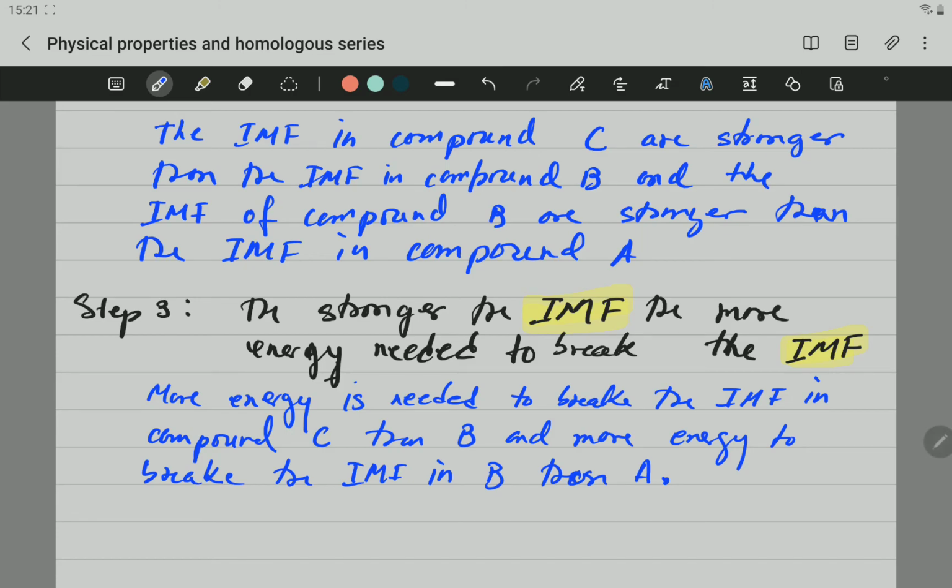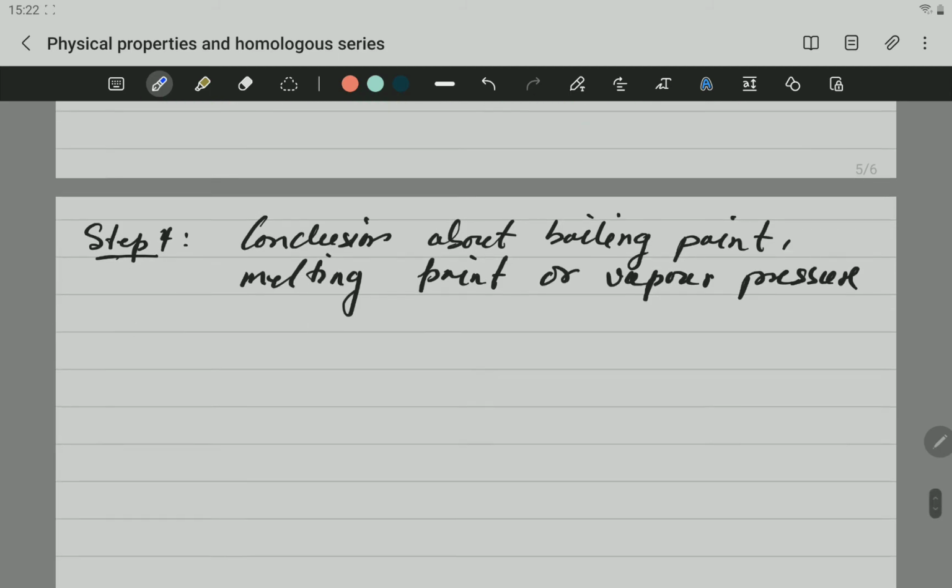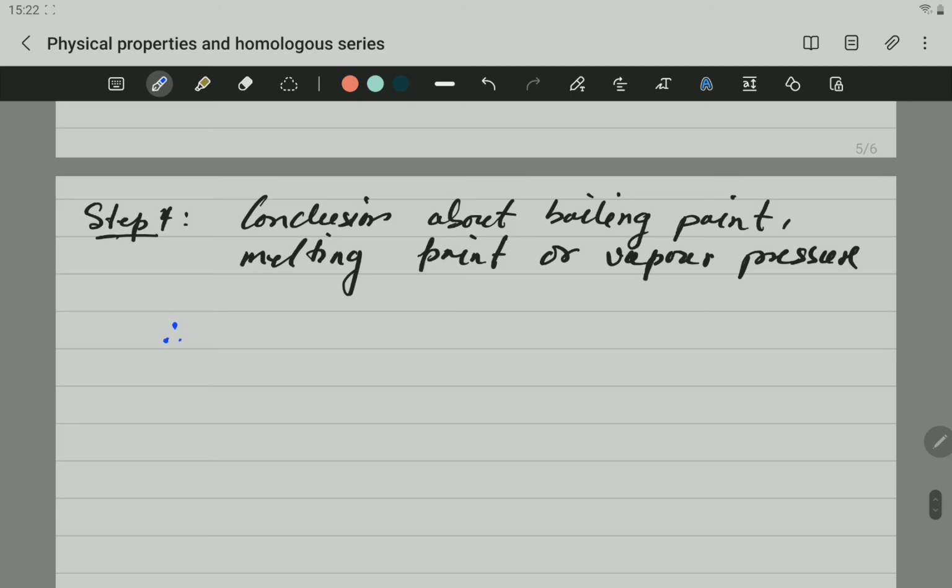And then the last step, now we're going to the conclusion about the melting point. So therefore the melting point, remember we're speaking about melting point.